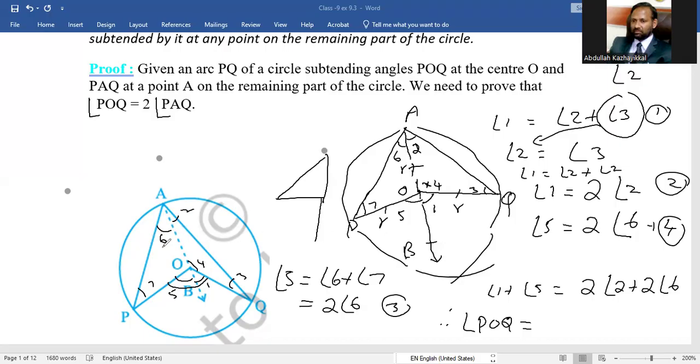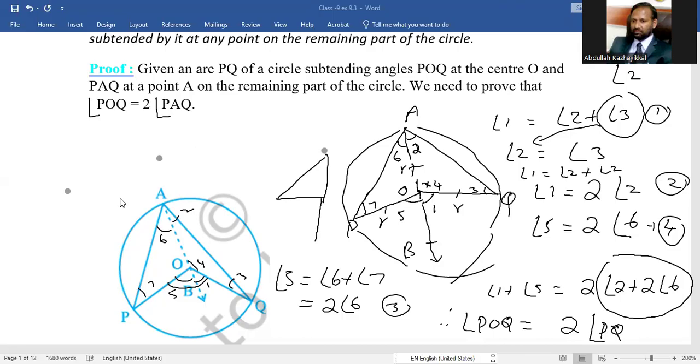Yes, sir. Angle 2 plus angle 6, that means PAQ. So 2 times this angle 2 plus angle 6 is equal to 2 times angle PAQ. We got what we need.